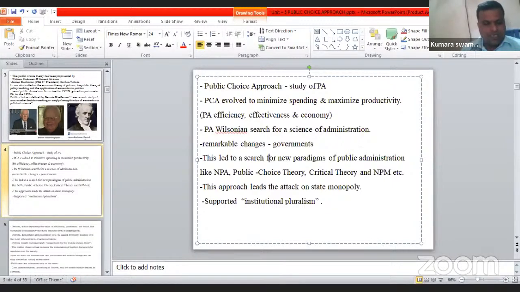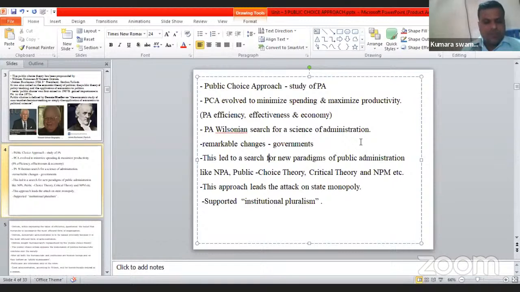He remarked that in the 19th century, there were remarkable changes in governmental activities, especially in Western countries. They tried to adapt to technology and new social demands, and they had developmental competition. Due to that, to meet the expectations of people, they started the public choice approach.